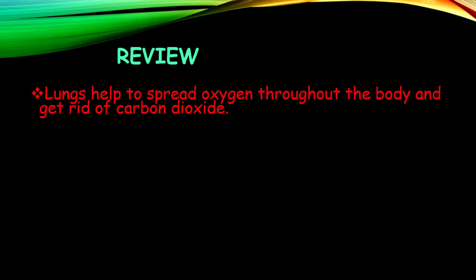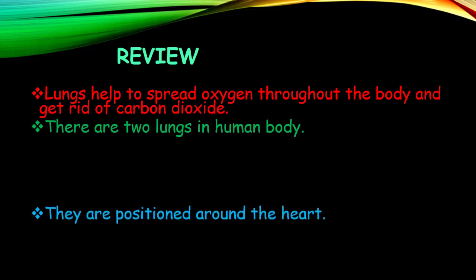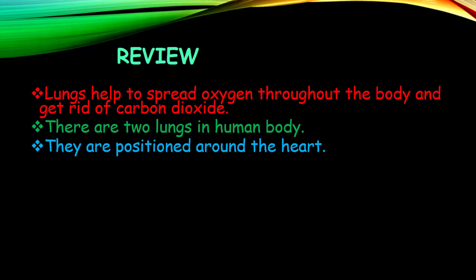Dear students, in our previous lesson, we have discussed that lungs help to spread oxygen throughout the body and get rid of carbon dioxide. There are two lungs in the human body. They are positioned around the heart.